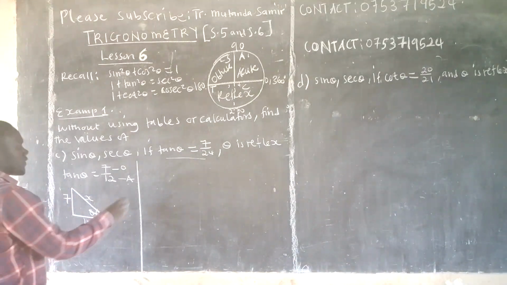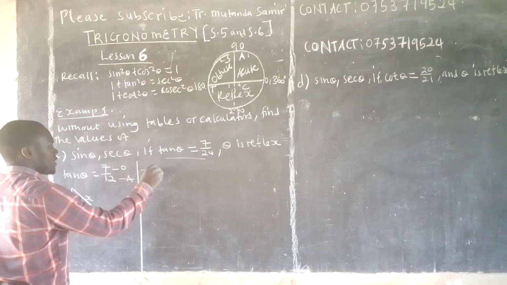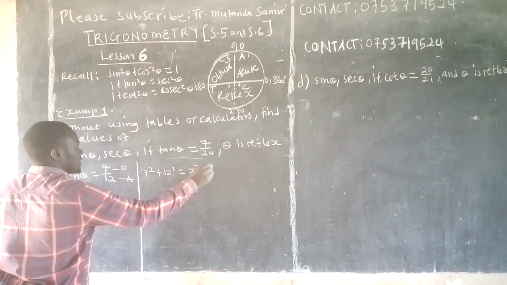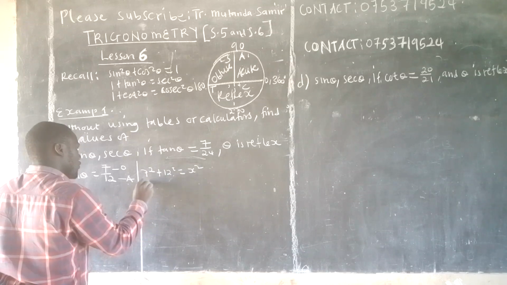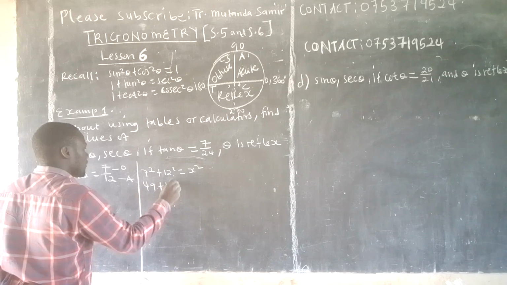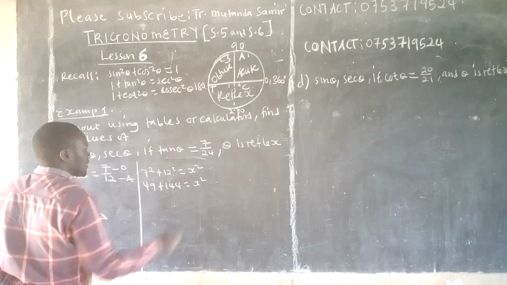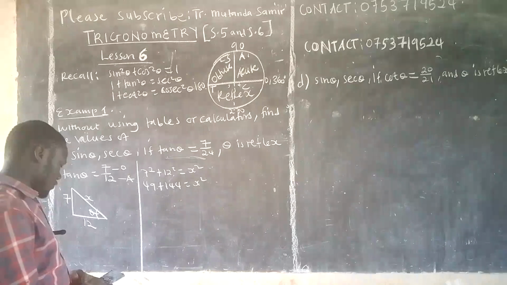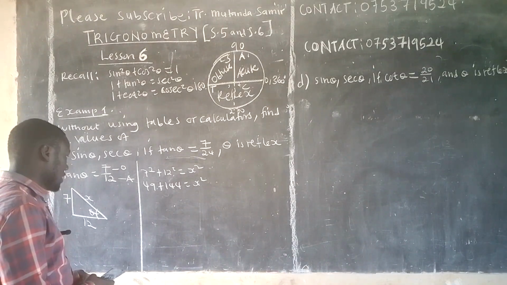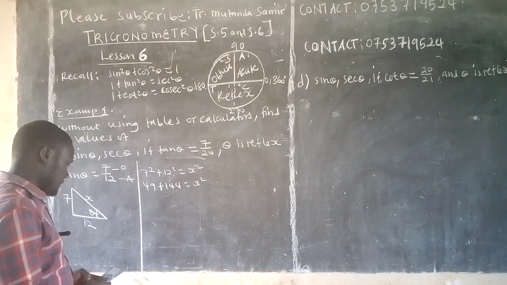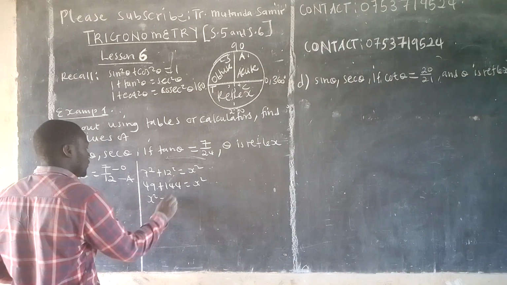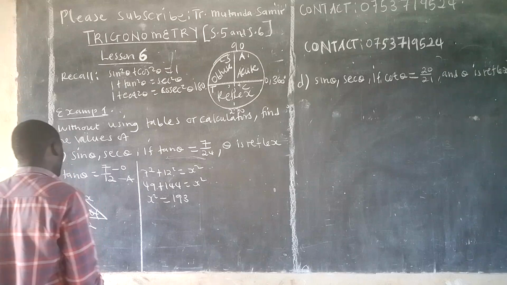Now Pythagoras theorem says that 7 squared plus 12 squared gives us X squared. This will be 49 plus 144 will give us X squared, which is 193.